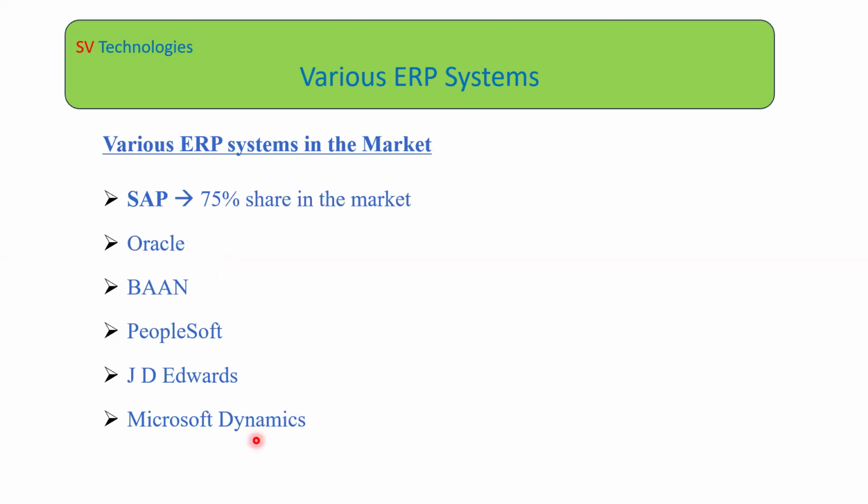All these are ERP systems. Most companies use SAP, in second place Oracle, and after that some companies use the remaining ERP systems. I think Santosh, you might have used SAP as an end user. Yes.